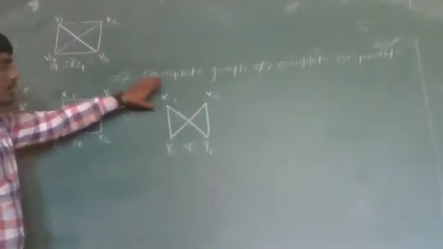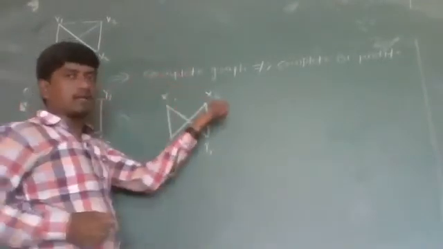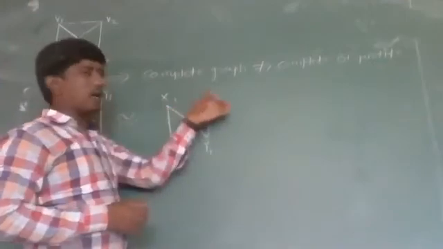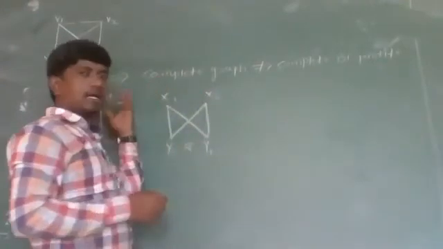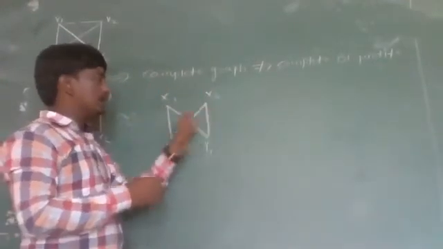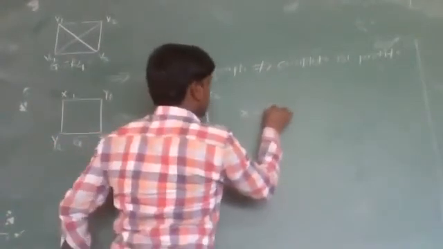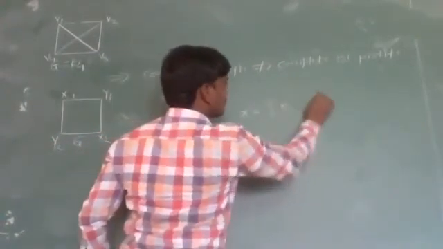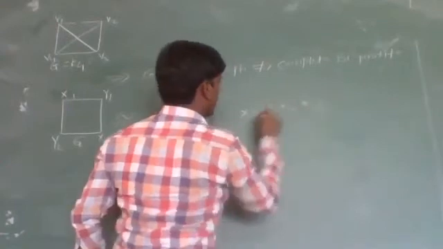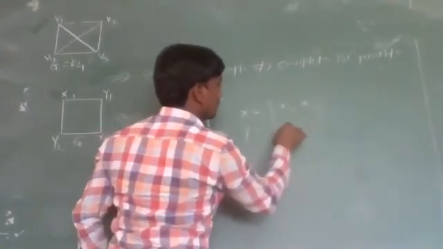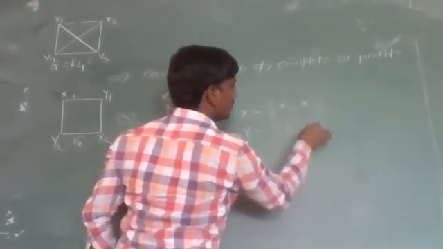Now here we can clearly find the two subsets X and Y such that X union Y is the vertex set V and X intersection Y is empty. X contains x1 and x2, and Y is nothing but y1, y2.